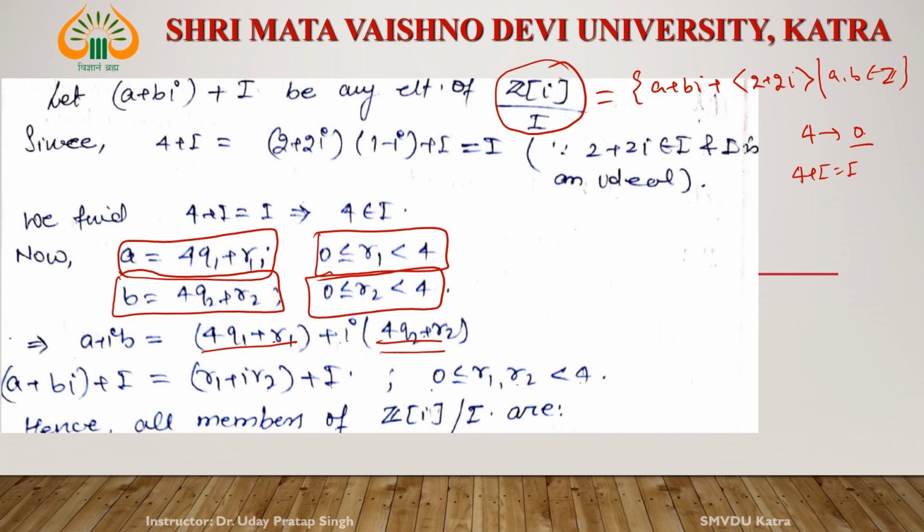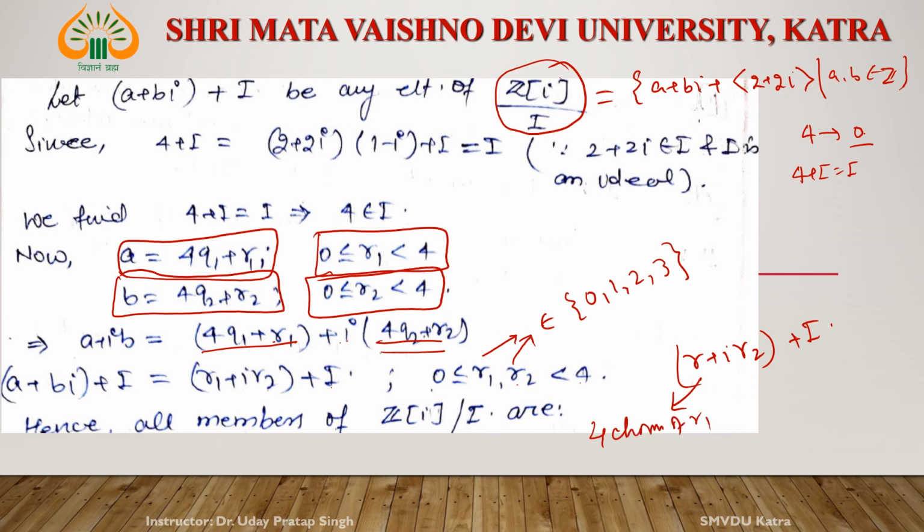What is r1? r1 and r2 belong to 0, 1, 2, 3. Then r1 plus i r2 plus I, there are 4 choices of r1 and 4 choices of r2, so total 16 elements. This type of element is possible, total 16.